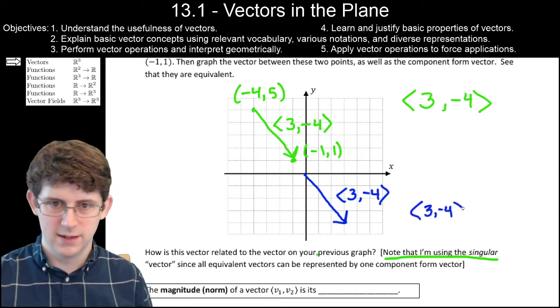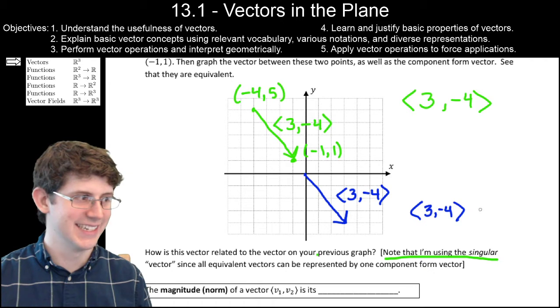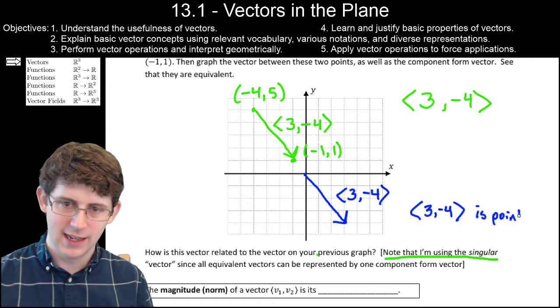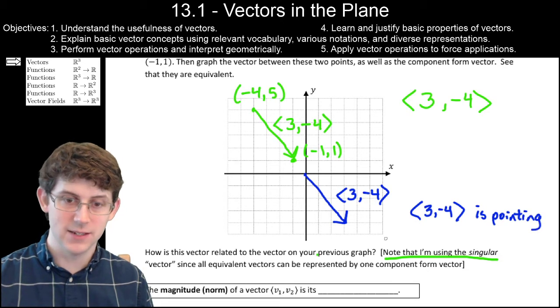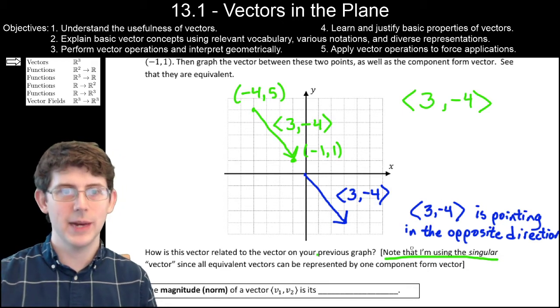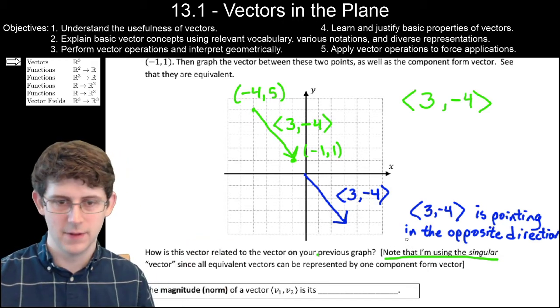The whole point here is to use angle brackets. ⟨-3, 4⟩ is pointing in the opposite direction, but it has the same magnitude. The arrow on this page is the same size as the arrow on the previous page, but it's pointing in the opposite direction.